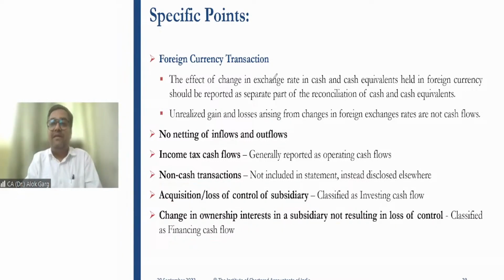So these are the specific points which I want to tell you in the cash flow statement. I hope you guys are able to understand these things as well.